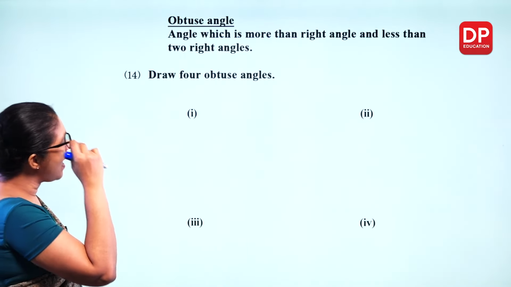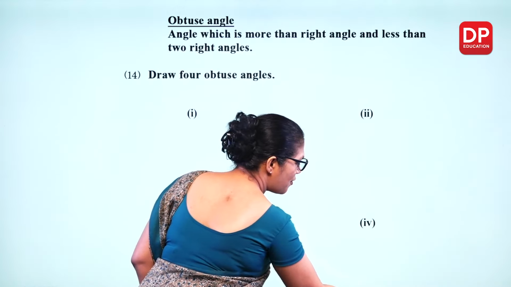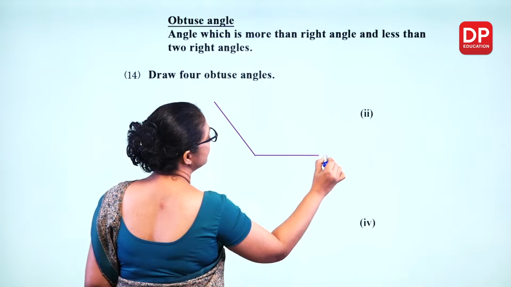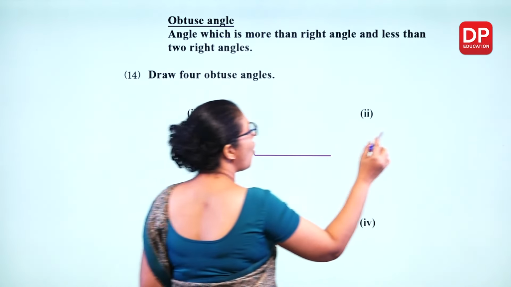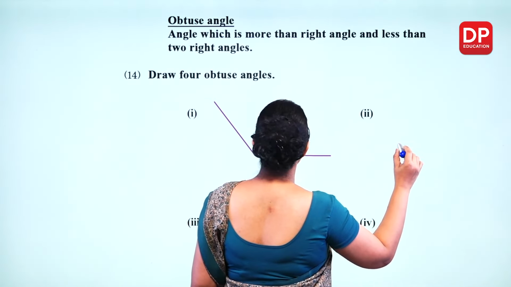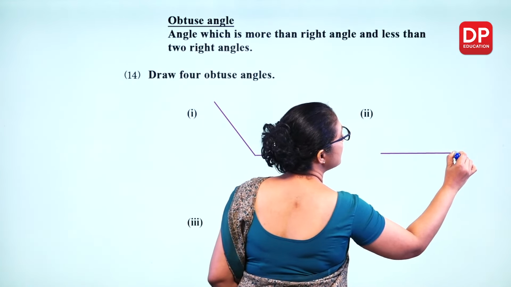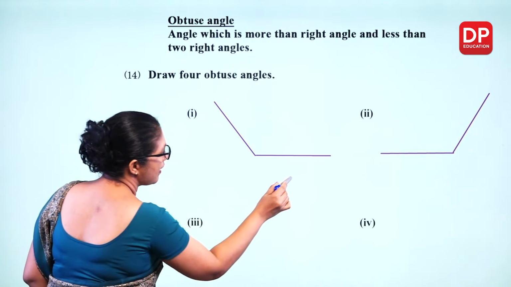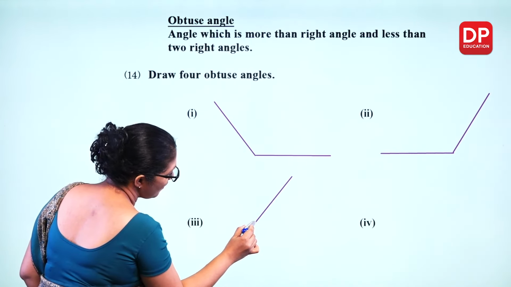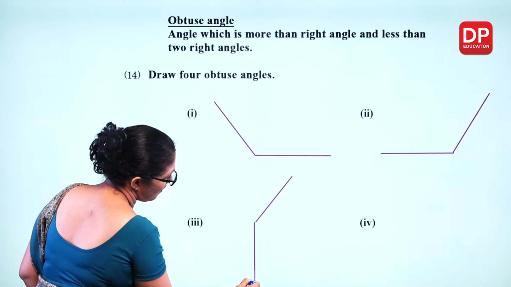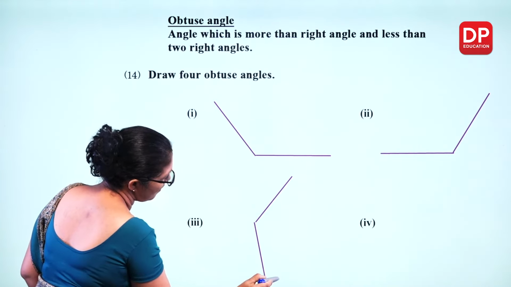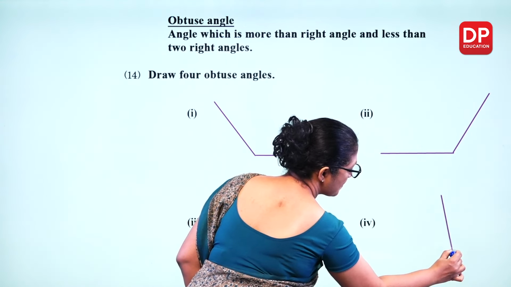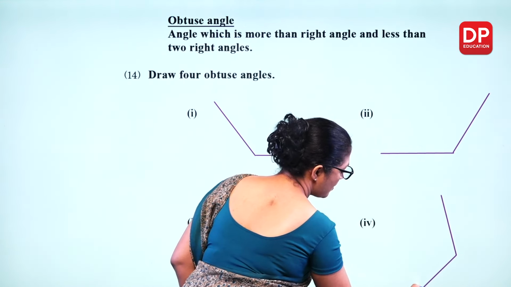Draw 4 obtuse angles. Okay, so take the ruler and you can draw angles. I'll first draw all the angles and then mark the angle. This one, and this one.